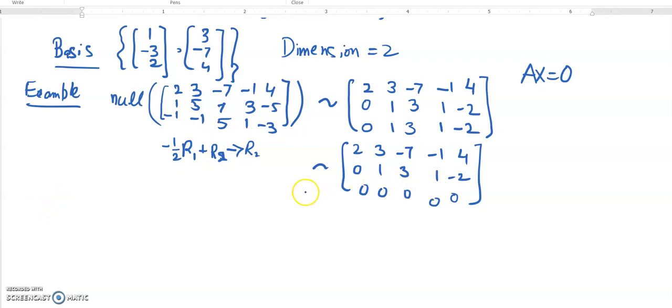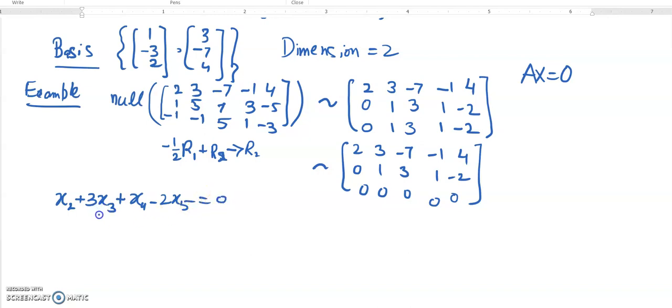So what is the solution in this case? Now we have only 5 variables: x1, x2, x3, x4 and x5, but only 2 equations. So from the second reduced form equation, x2 plus 3 x3 plus x4 minus 2 x5 is equal to 0.